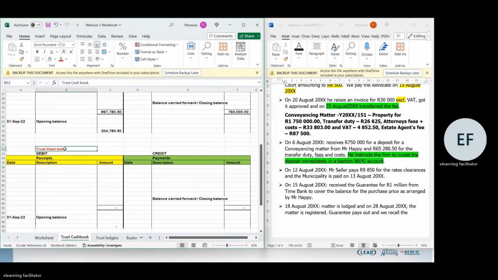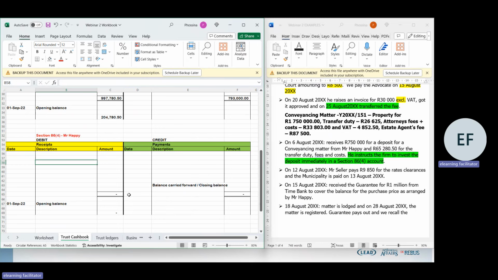Because this is our Section 86.4 cash book for Mr. Happy. So it's our cash book for Mr. Happy.